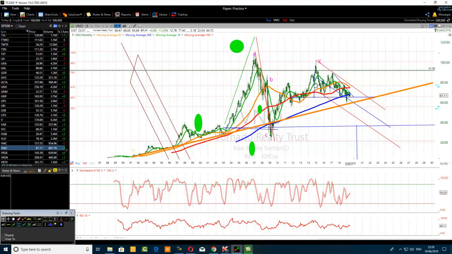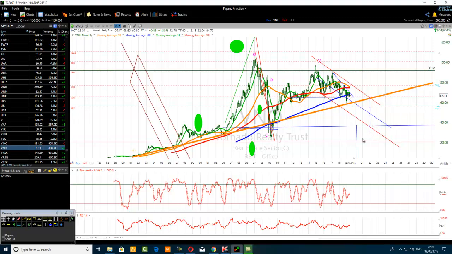If it pierces through that support level of 67, it can go all the way down to the level of $40. If you see a triangle, see the height of the triangle, if you extend this line, there's a kind of triangle here. If we use the measuring stick like this and project it down, it can bring us a little bit below the $40 zone.